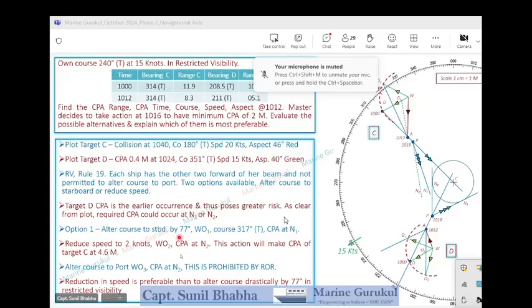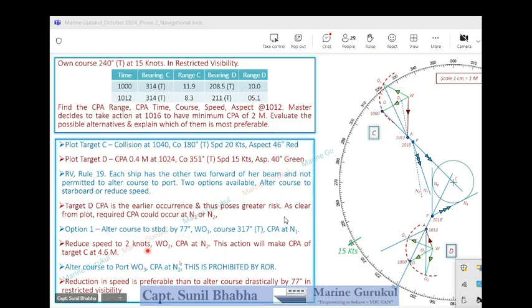In restricted visibility, reduction of speed is always preferable and will keep the ship safe. So out of these options, the recommended option is reduction of speed to 2 knots and having the required CPA with both the targets.